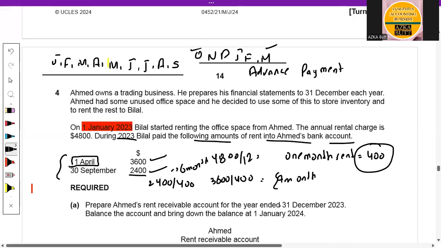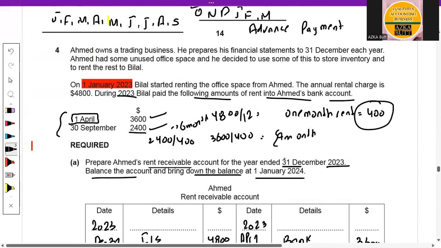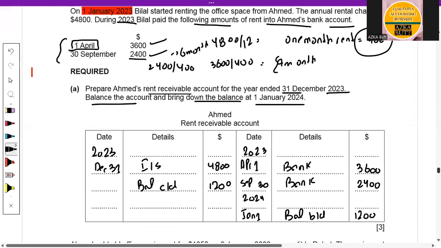Okay, so now let's see the question. Prepare Ahmed's rent receivable account for the year ended 31st December 2023. Balance the account and bring down the balance at 1st January 2024. First of all, we received these two amounts, so we have to record this here.